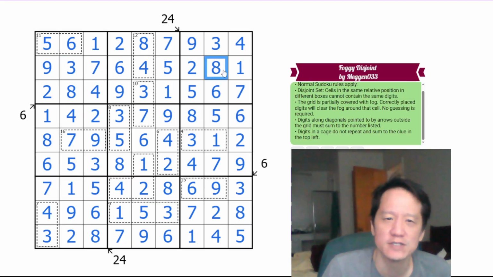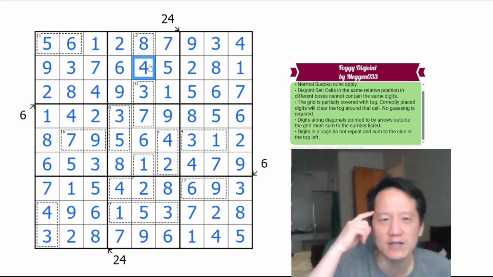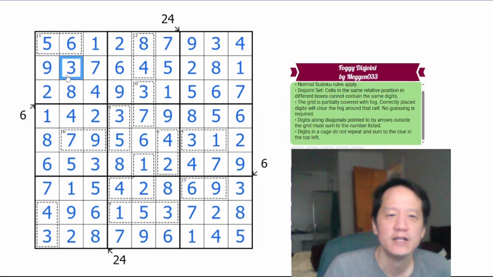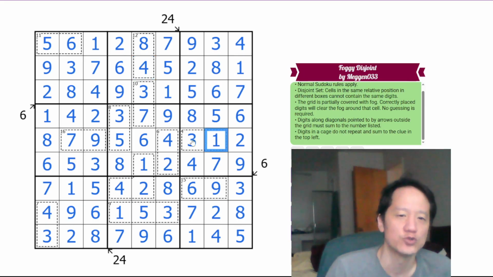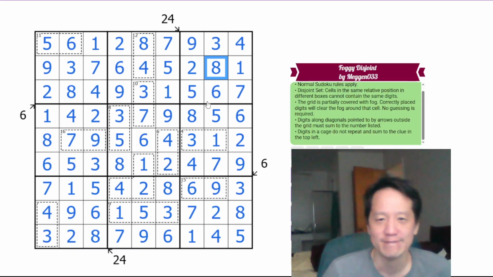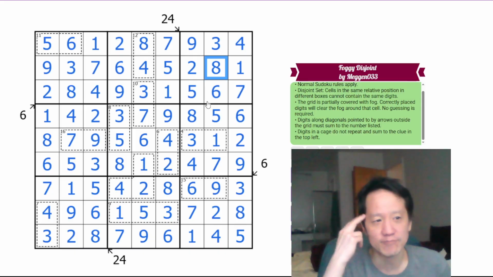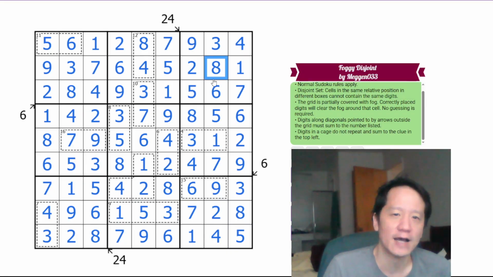But for some reason, when I see something in a disjoint set, something clicks for me, and I go, oh, okay, well, this can't be the same as this, so the disjoint set elsewhere, and I know exactly where that is. I'm not sure what it is that my mind sees that allows me to see it decently well.